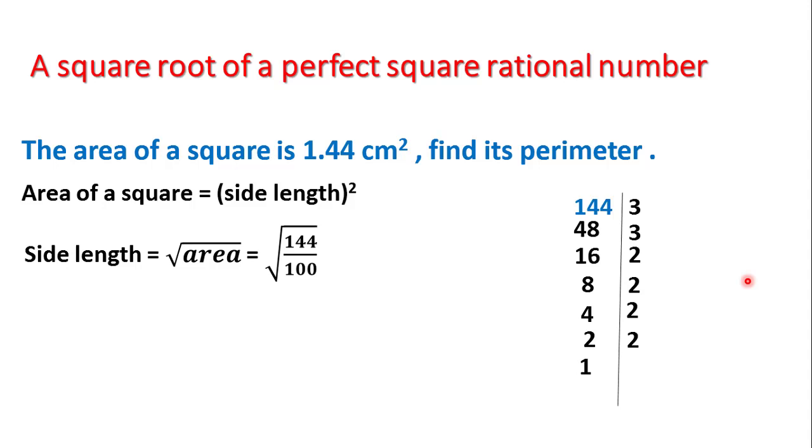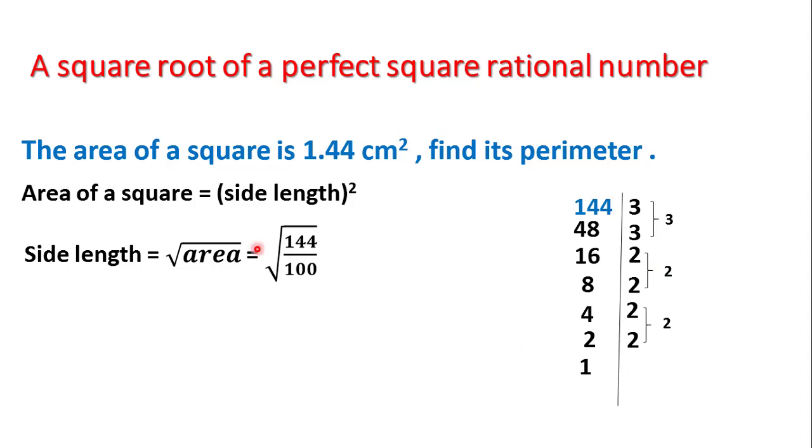Okay, now where is the square root of 144? Each number which is repeated 2 times, I'll take only one. Here, for example, 3 is repeated 2 times, so I'll take one 3. Here, 2 is repeated 2 times, so I'll take 2. Another 2 repeated 2 times, I'll take 2.